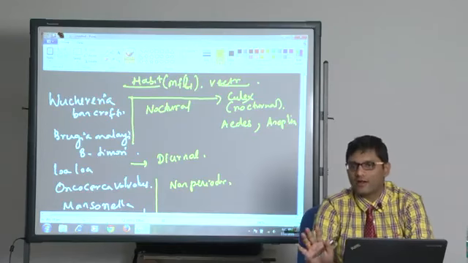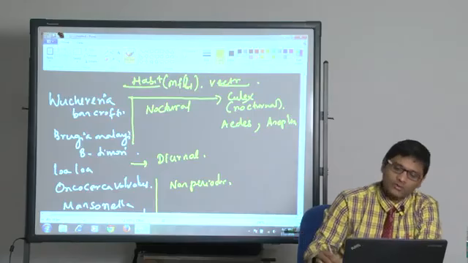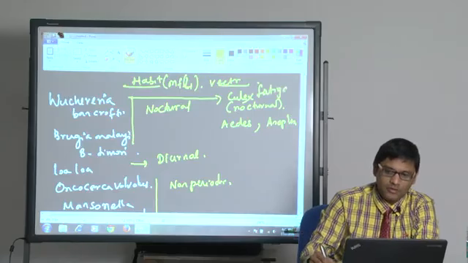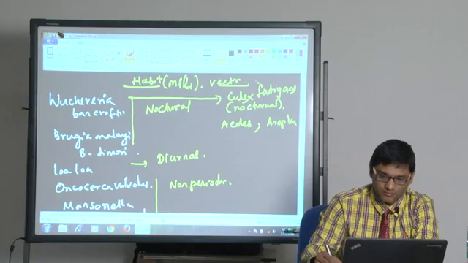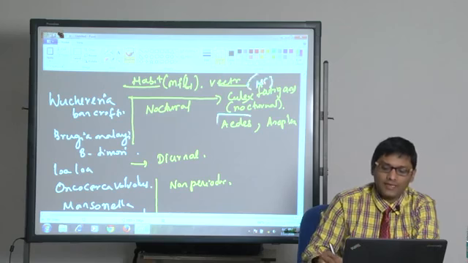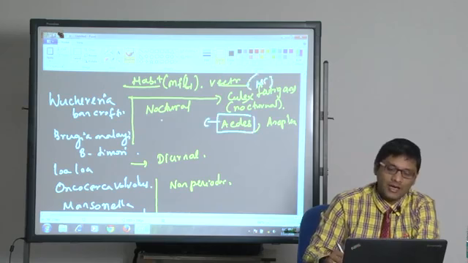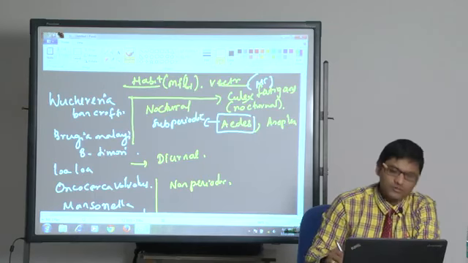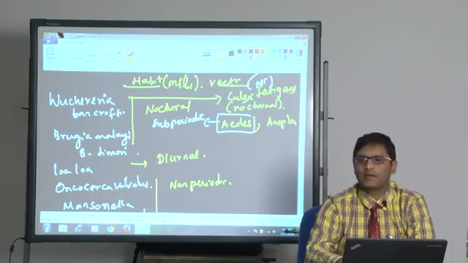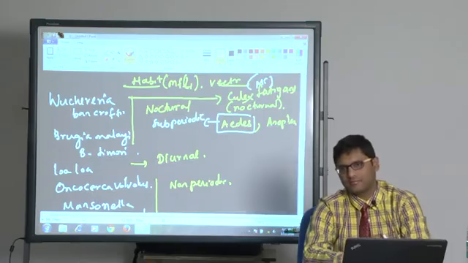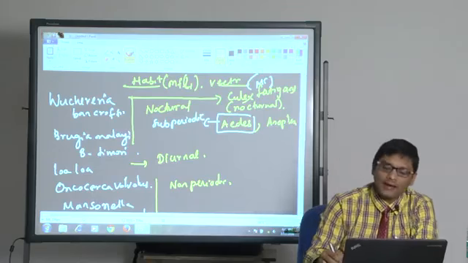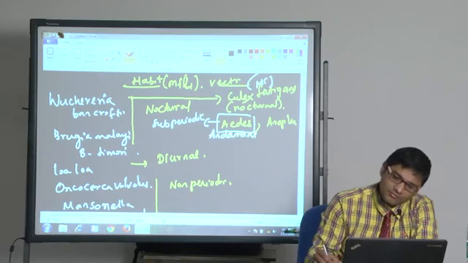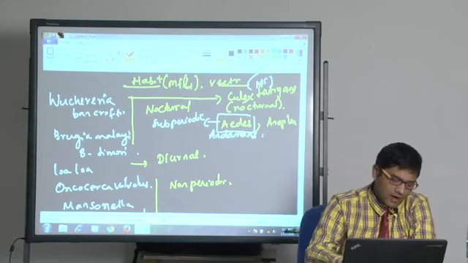All three can transmit it. Most common is of course Culex fatigans, but the Aedes infected strains are subperiodic. Subperiodic means they will come to the peripheral blood in the late evening, and Aedes infected strains are endemic in the Andamans.